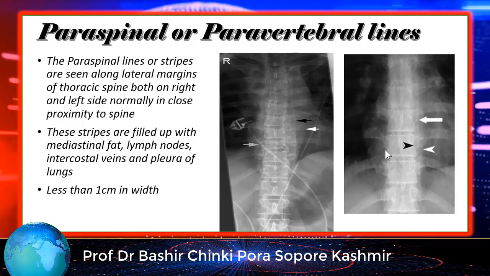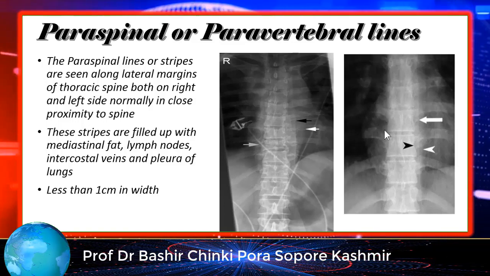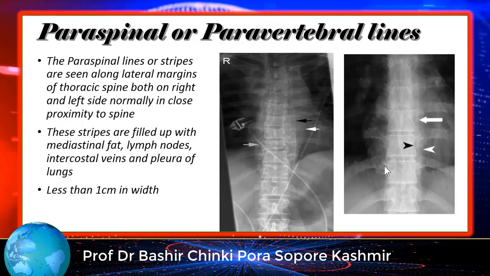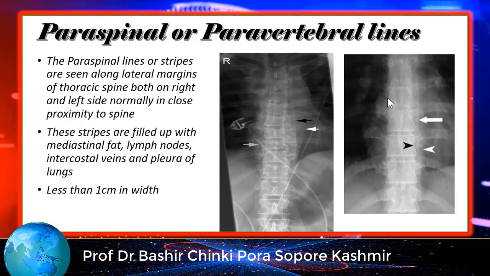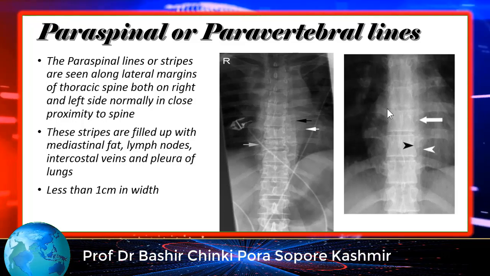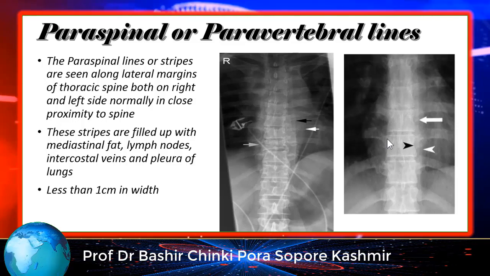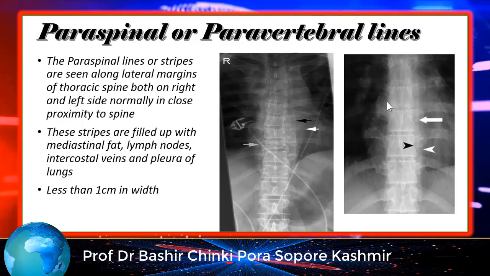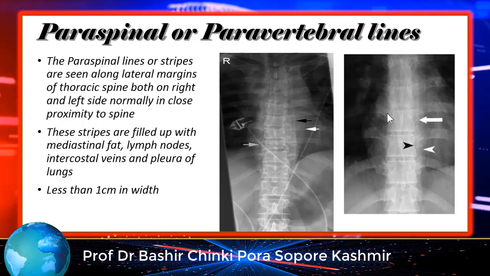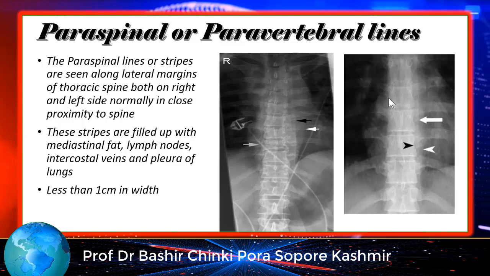And on the right side, this shadow is not clearly seen or is not seen at all. This is because the patient may have less fat in the body. That is why you may not have this line alongside the vertebral column.